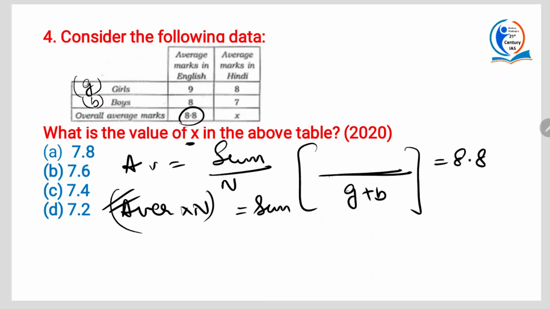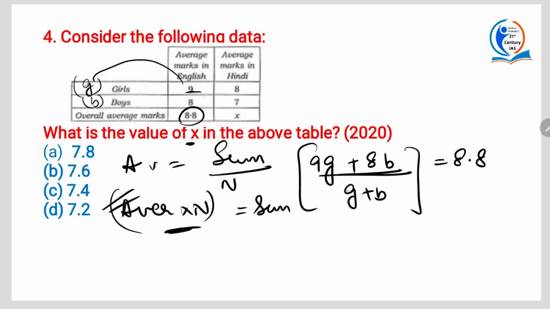Total score of boys and girls together. But only averages are given. Now how will you get the total score? Using sum is equal to average into number, which means 9 into G is the total score of girls and 8 into B is the total score of boys. Okay, did you get my point?